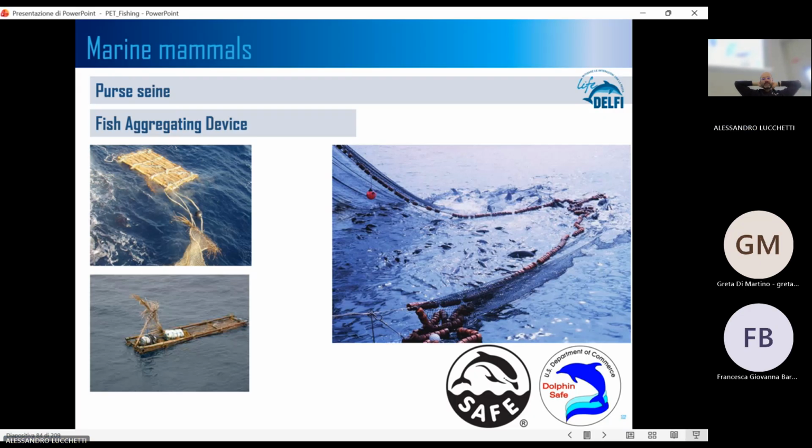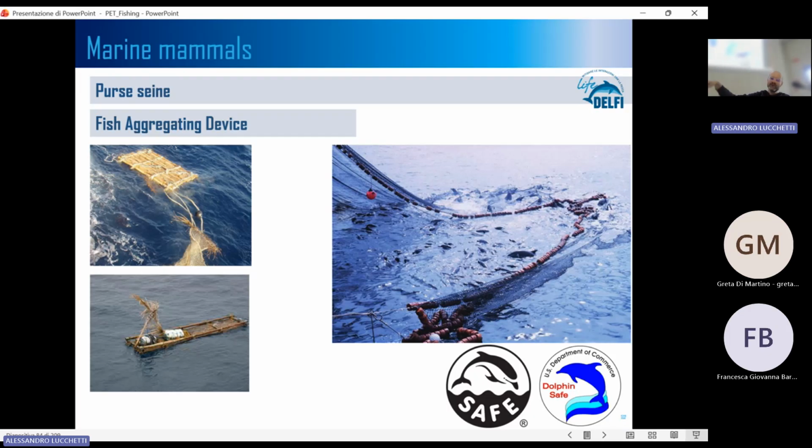And this is what happened, especially in the Pacific Ocean or in the big ocean when they catch, let's say, albacore or yellowfin tuna. They were used to encircle the dolphins because if you see a group of dolphins jumping and eating in an area, probably below the dolphins there are also tunas.